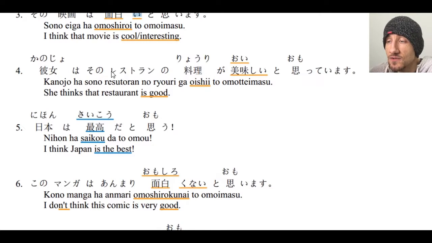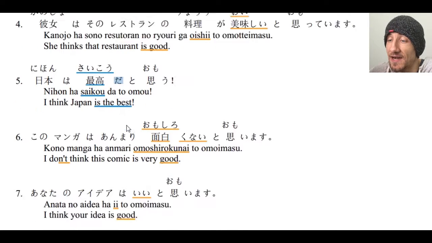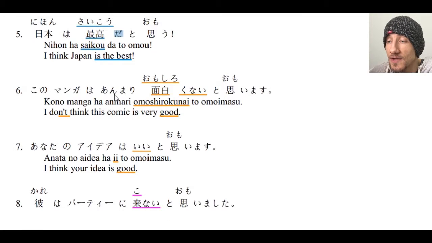Number four. 彼女はそのレストランの料理が美味しいと思っています. She thinks the restaurant's food is good. Number five, 日本は最高だと思う. I think Japan is the best. 最高 is a na adjective. 最高だと思う. So we need だ. Number six, この漫画はあんまり面白くないと思います.